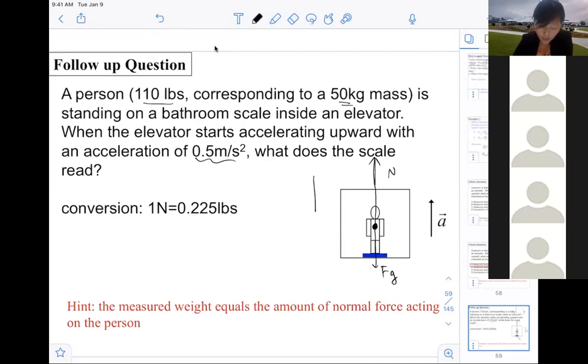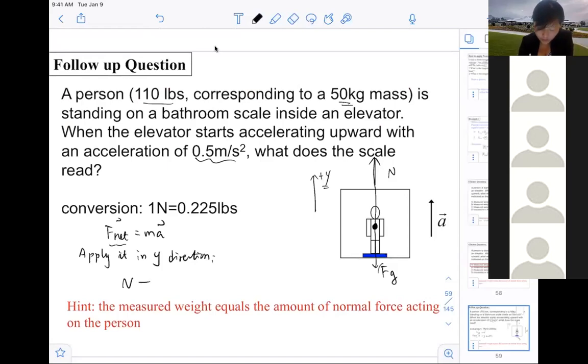I'm going to decide upward to be my positive direction, and I'm going to set up Newton's second law in that direction, the vertical or y direction. So let's look at the left-hand side. How do I expand it? The normal force and gravity have a vector addition. Upward is positive, so the normal force is positive.